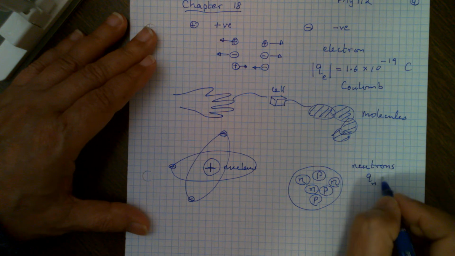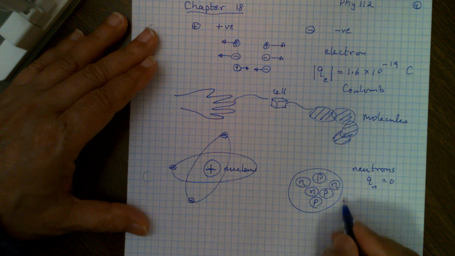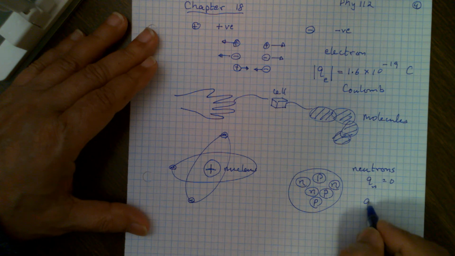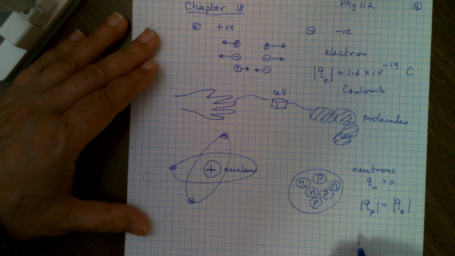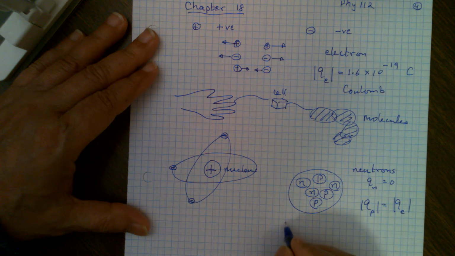Q neutron is equal to 0. The charge of a proton, Q proton, has the same amount as the electronic charge. So the amount of charge that a proton has is the same as the amount of charge an electron has. Okay, this proton.